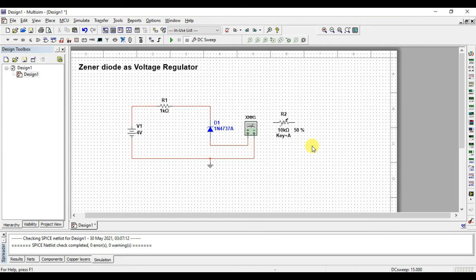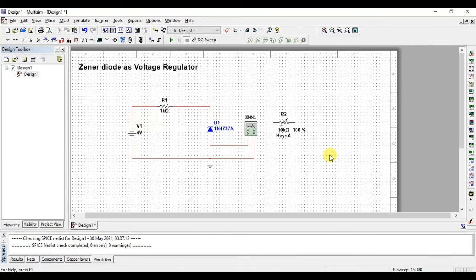For example, if we are taking a 10 kilo ohm resistor, and if it is mentioning 50%, that means the load is now 5 kilo ohms. If we keep it as 10%, that means it is just 1 kilo ohm, like that. If we keep 100%, that means the value of the load resistance now is 10 kilo ohm.